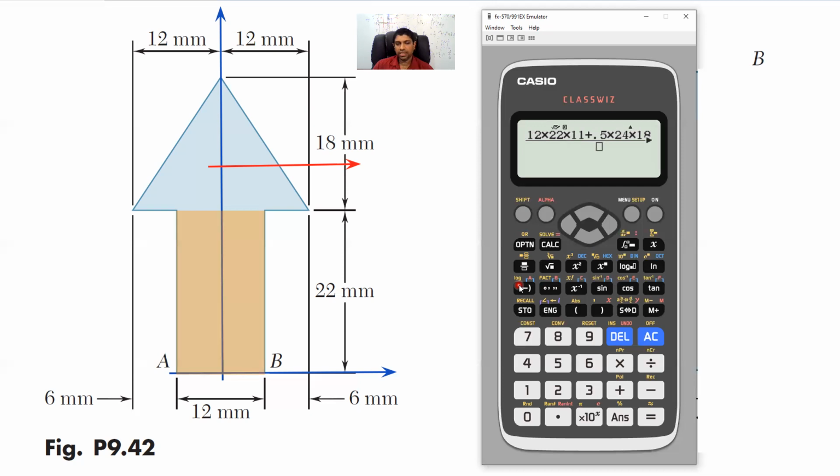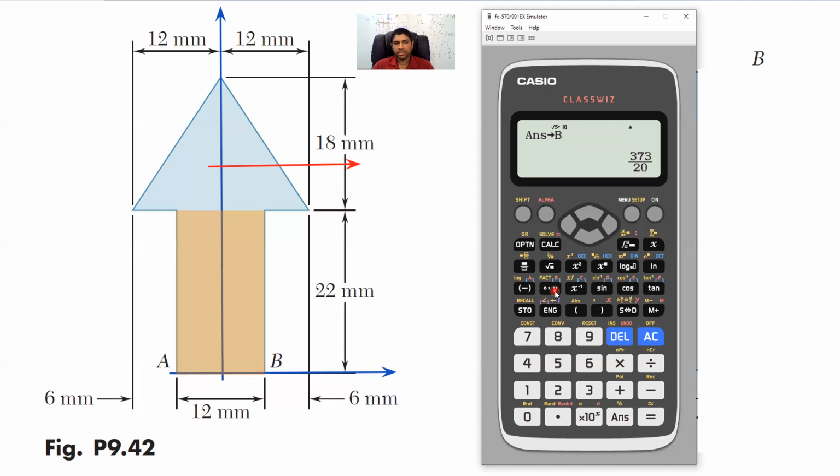Then divided by the whole area, 22 into 12 plus 0.5 into 24 into 18. The y bar of the whole thing is 18.65. So I'm going to store it as B.